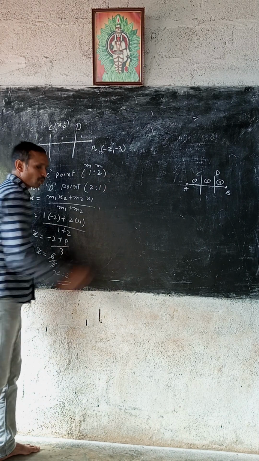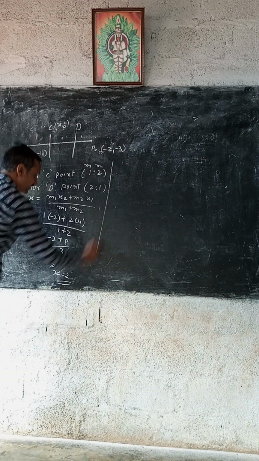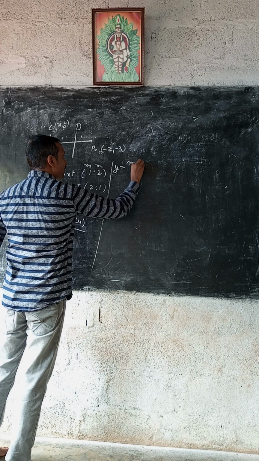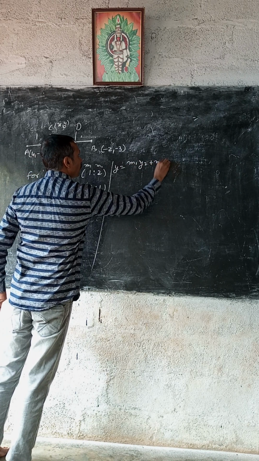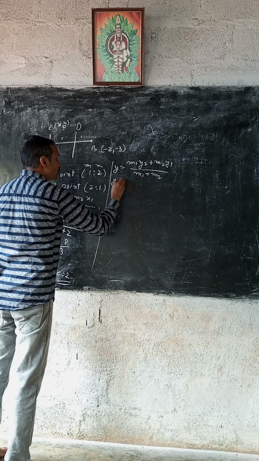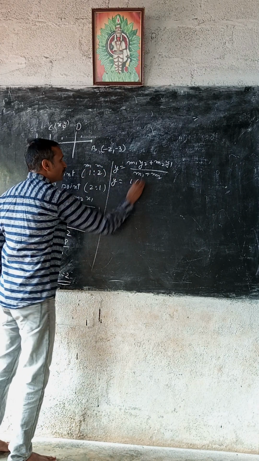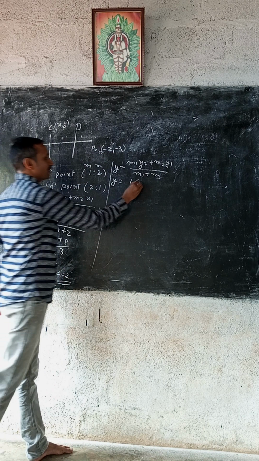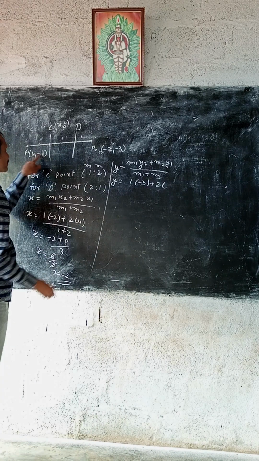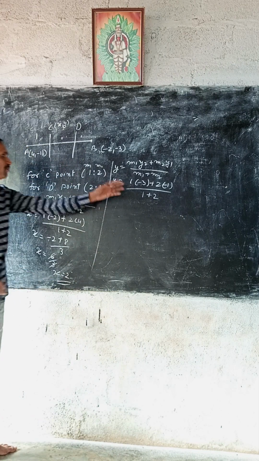Now we are going to find the y coordinate. The formula is the same: y = (m1 y2 + m2 y1) / (m1 + m2). Here m1 is 1, y2 is -3, plus m2 which is 2, times y1 which is -1, divided by 1 plus 2, as m1 and m2 are in the ratio 1 is to 2.